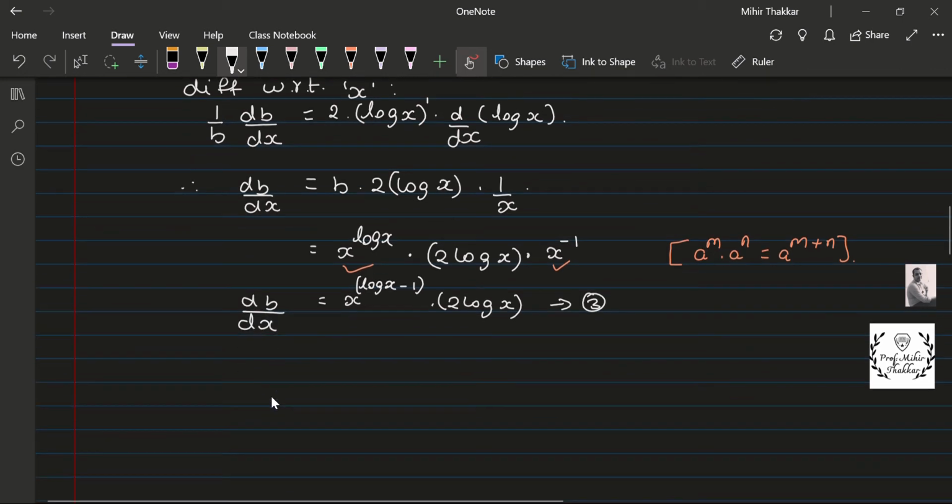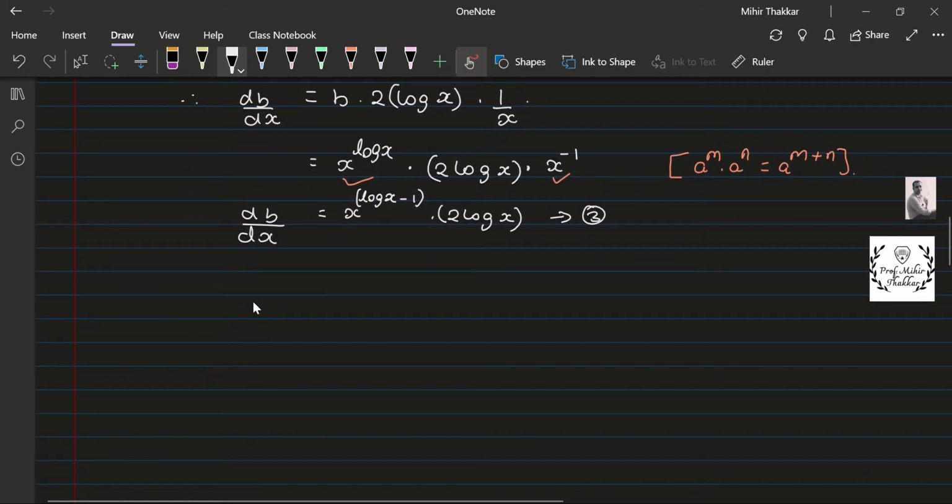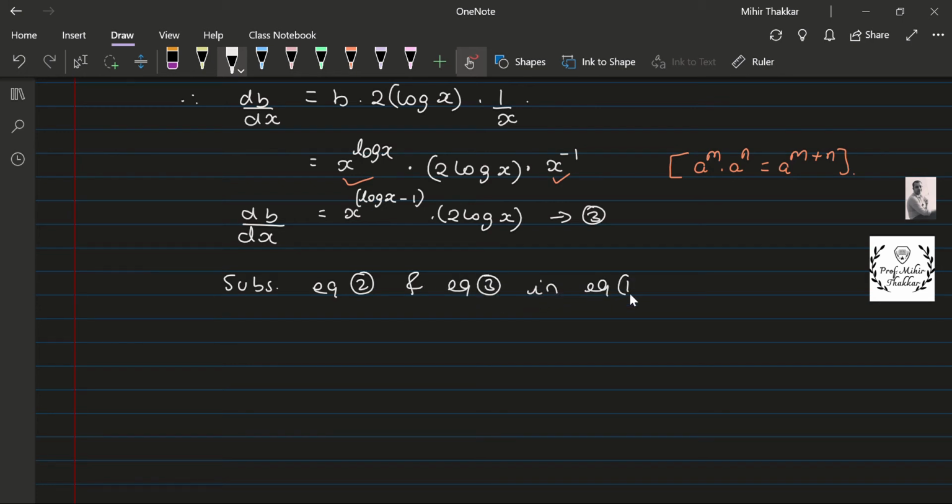Now we will substitute equation 2 and equation 3 in equation 1. So what is the derivative of this?